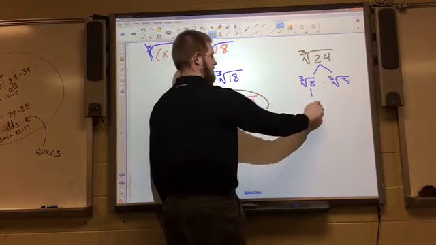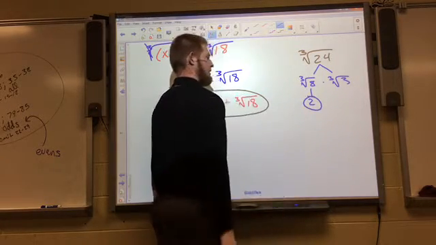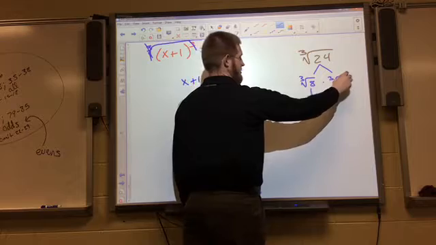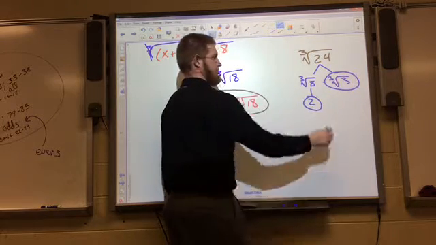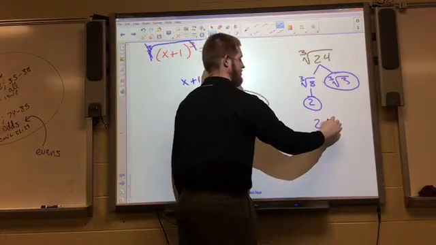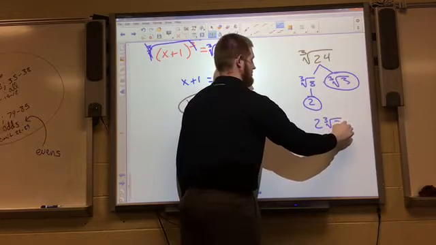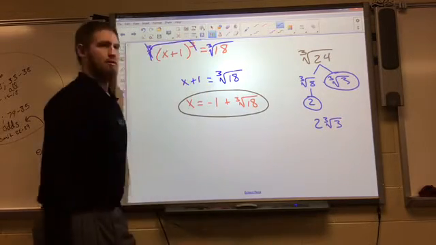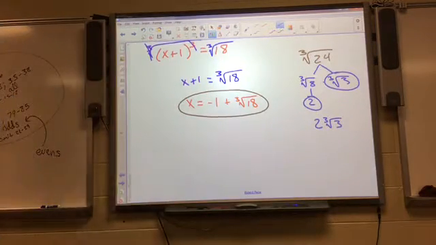What is the cube root of 8? 2. Can I do anything with the cube root of 3? So your final answer here would be 2 cube roots of 3. Okay, so just keep that in mind. You can reduce other things besides just the square root.